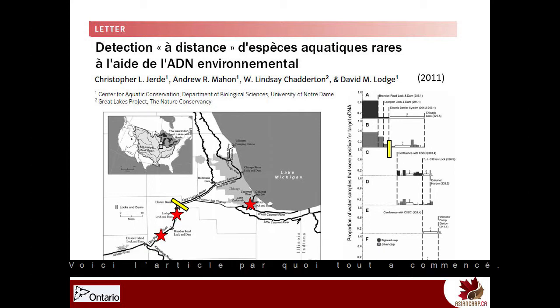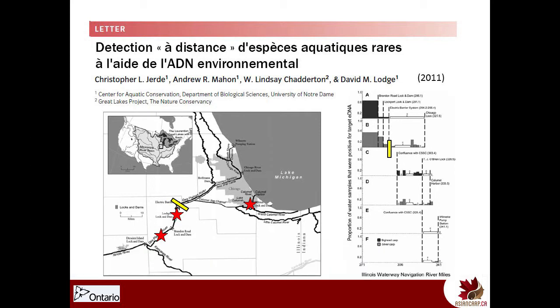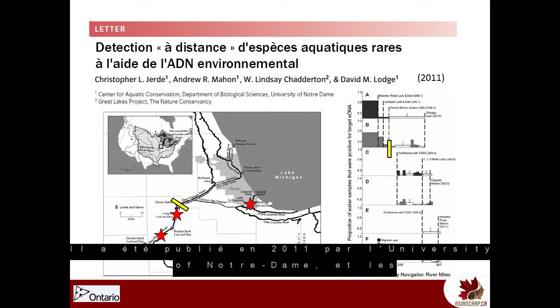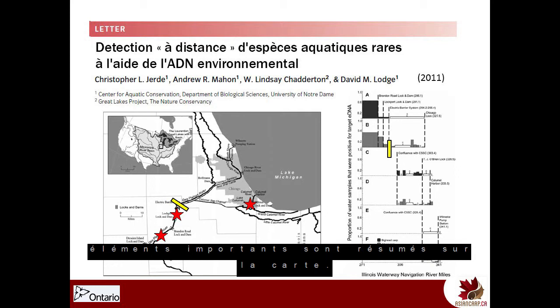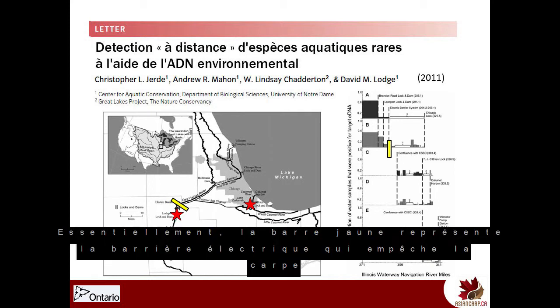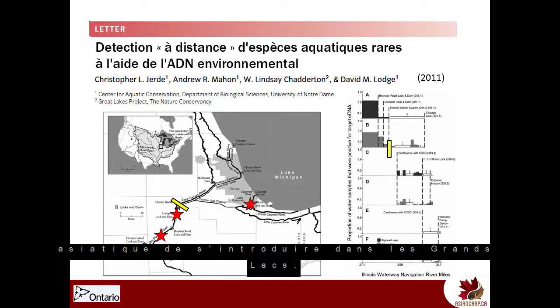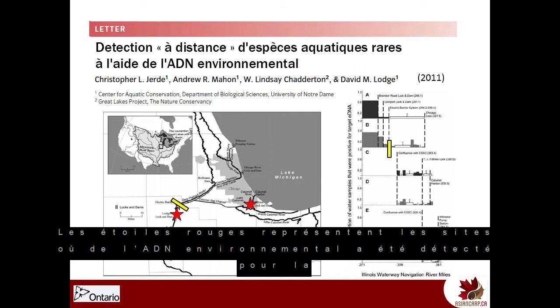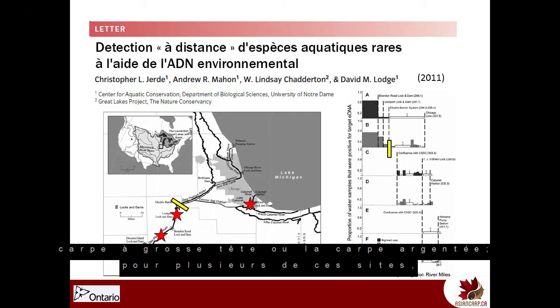So this is the paper that started it all. The paper came out in 2011 from the University of Notre Dame, and the important points are summarized on that map. Essentially, the yellow bar shows where the electrical barrier preventing Asian carp coming into the Great Lakes is. The red stars show areas where environmental DNA was detected from bighead or silver carp.